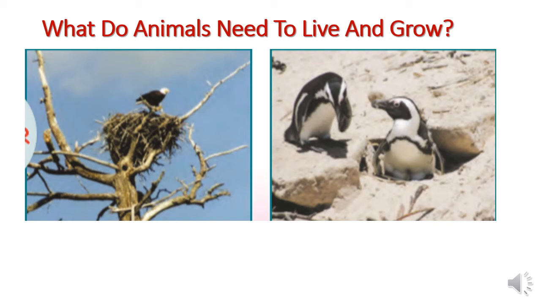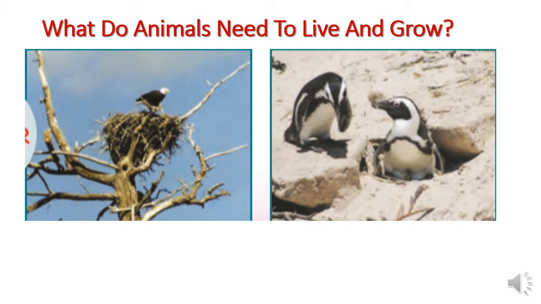Finally, guys, what do animals need to live and grow? What can you conclude from these two pictures? We have a bird on a tree inside a nest, and we have penguins. So, what do animals need?